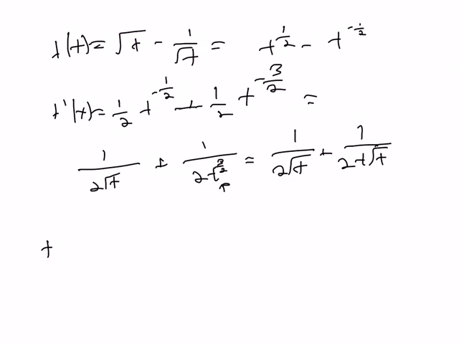Because t times the square root of t is t to the 3 over 2, since when you multiply these, you add the exponents.